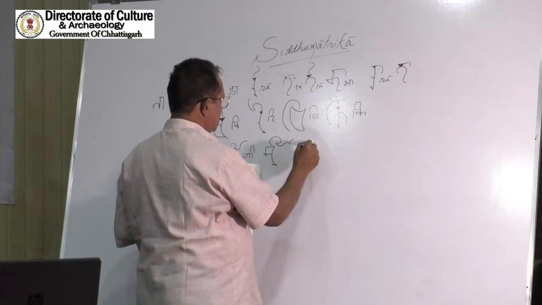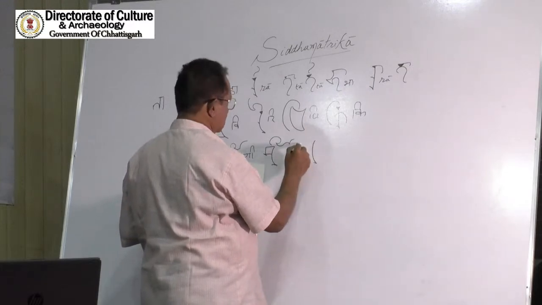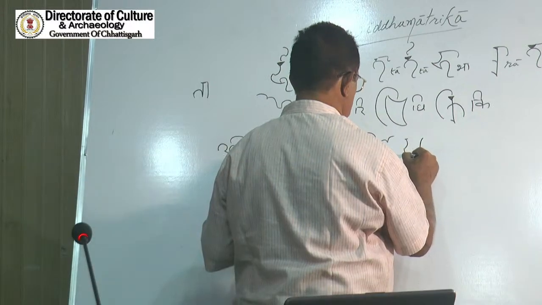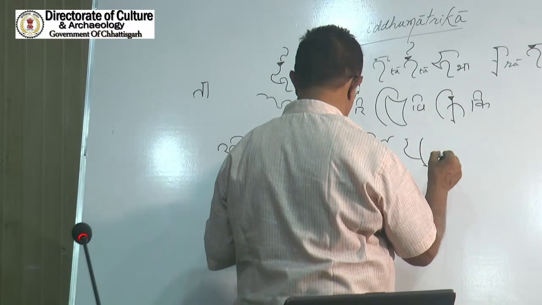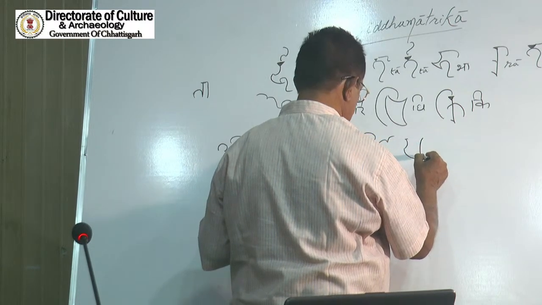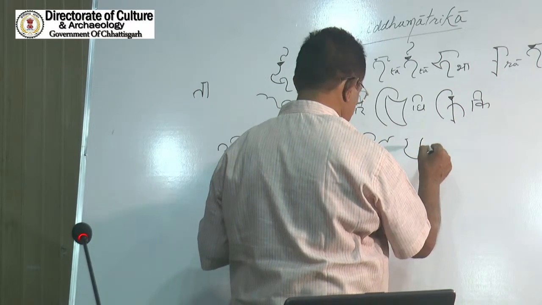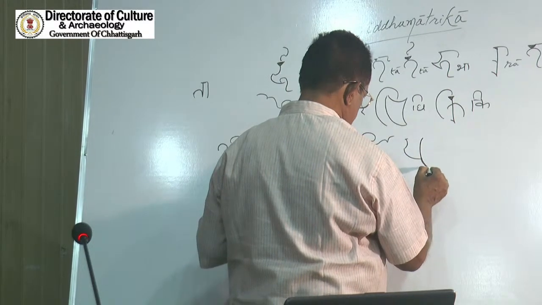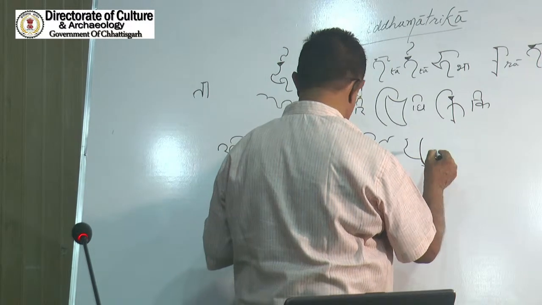And one stroke, another. This is pu. Pu is an extension here. This is pa, and then they attach a stroke also. Pu.